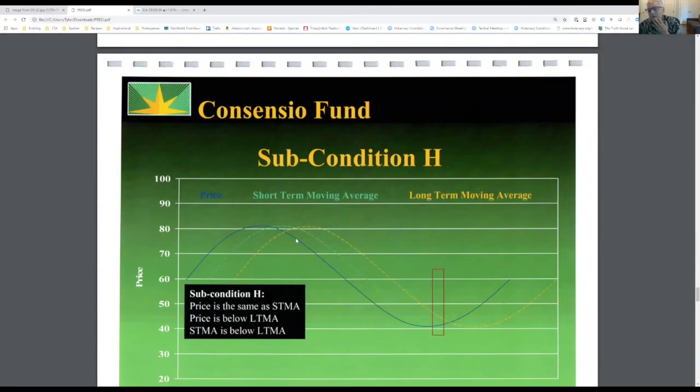And look what happens in subcondition H. You're in a bear market all the way down until that bear market begins to change.